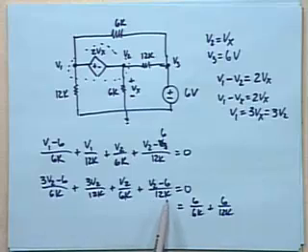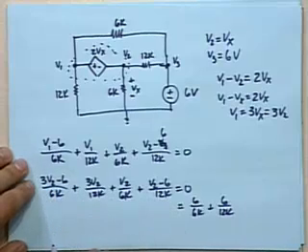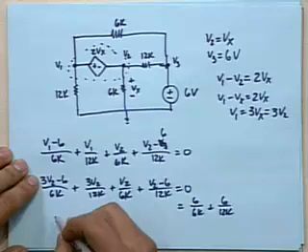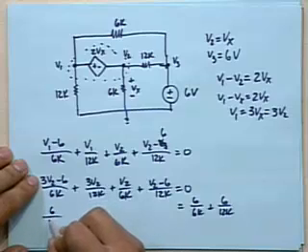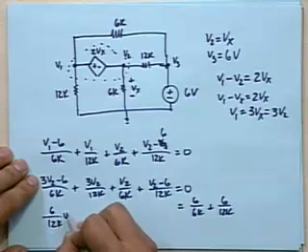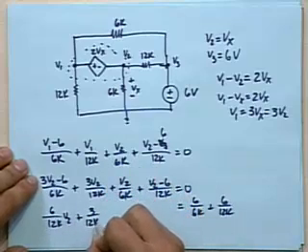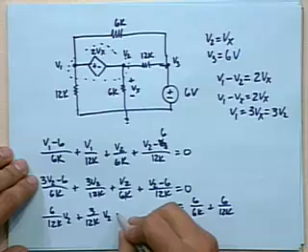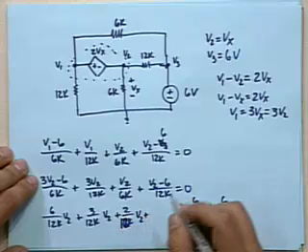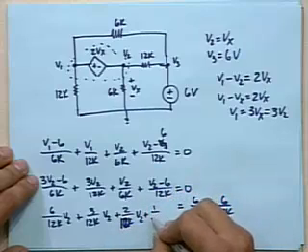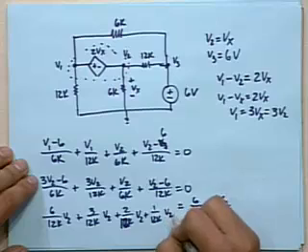Then the common denominator through here is going to be 12. So this should be 6 over 12K V2 plus 3 over 12K V2 plus 2 over 12K V2 plus 1 over 12K V2.